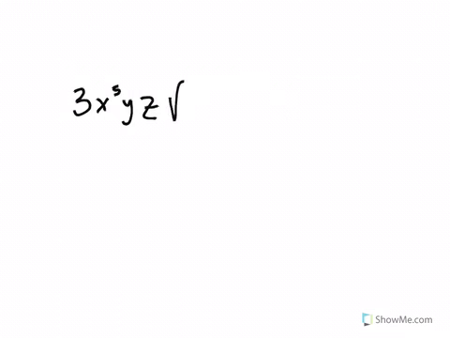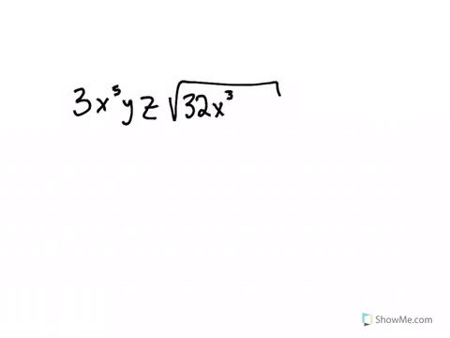Okay, we can do one more example of this. Imagine we have 3 x5 y z, and then radical 32 x cubed y z to the 5th.